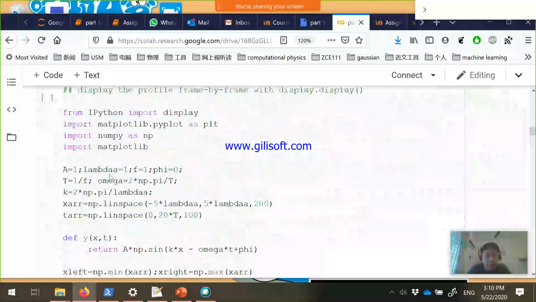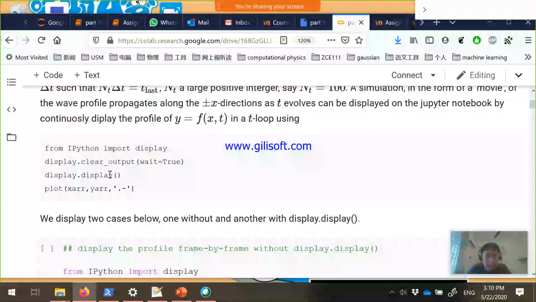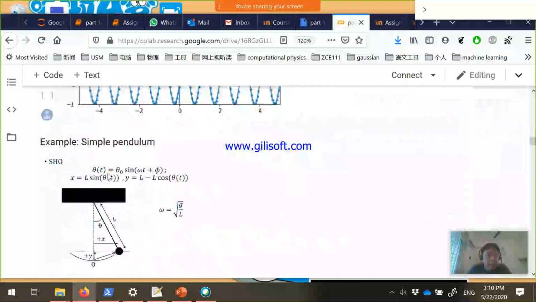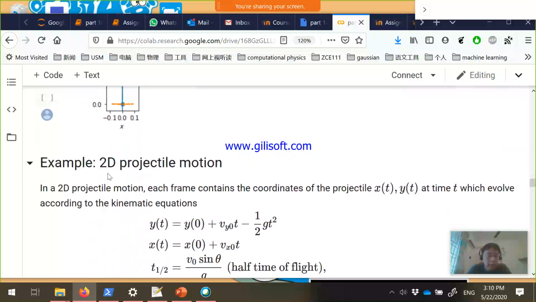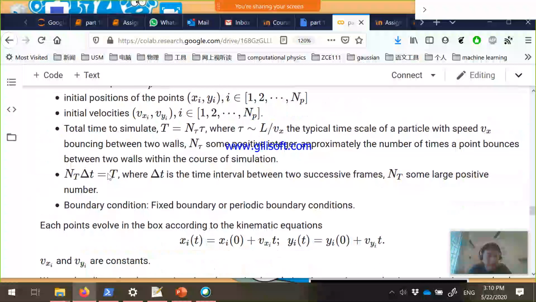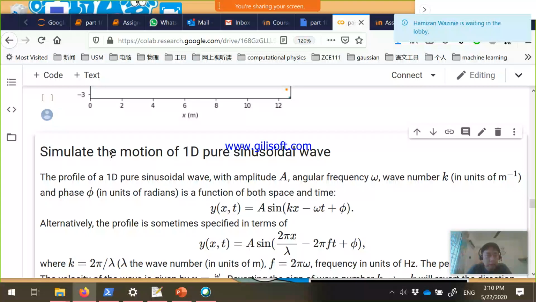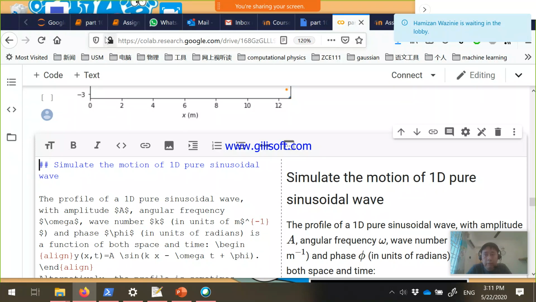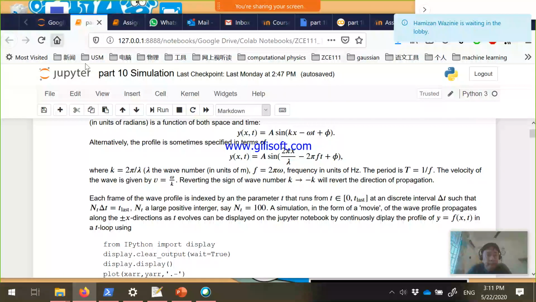Let me check again. I think this is a repetition, so maybe I should just remove this part. Let me remove it.